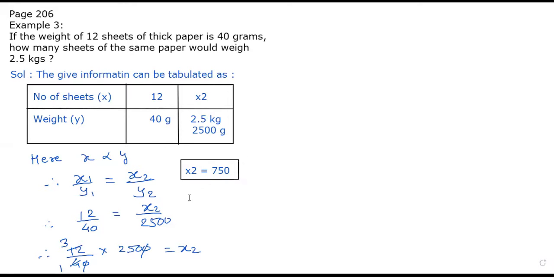What should I write as the answer statement? Thus, 750 sheets of this paper would weigh 2.5 kg.